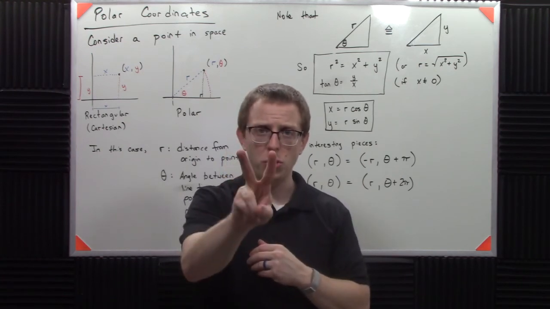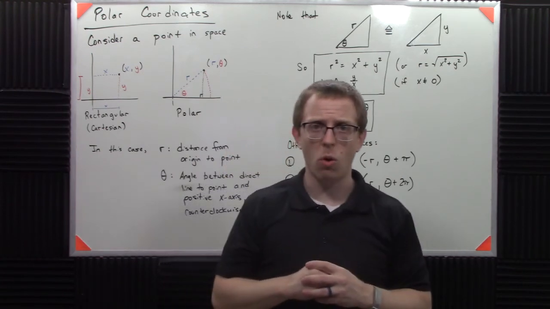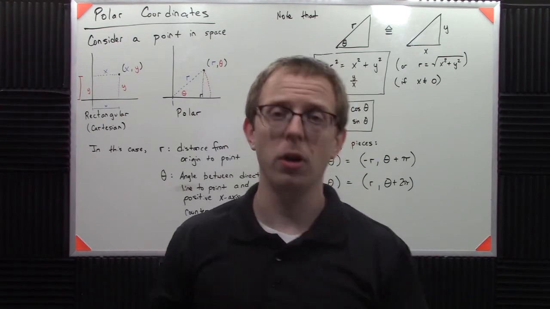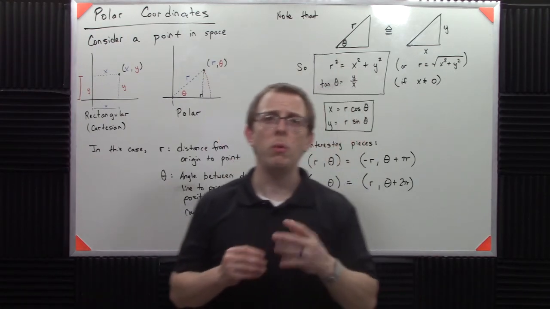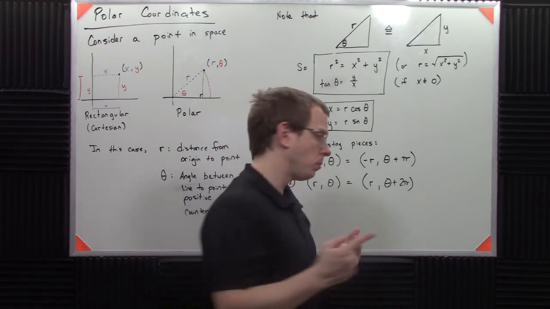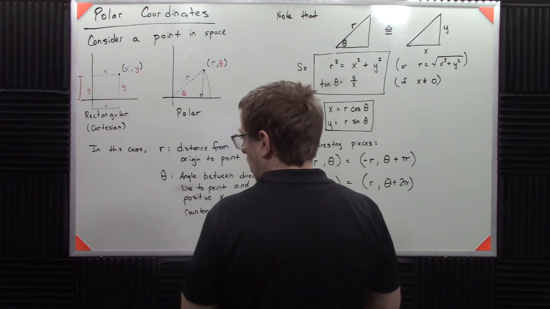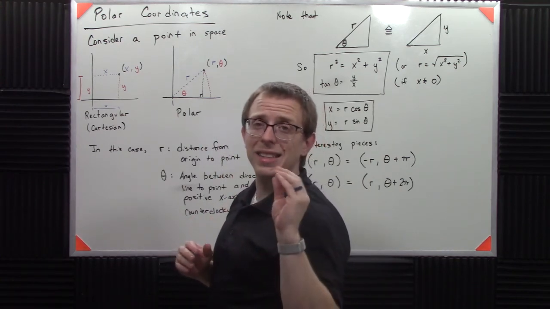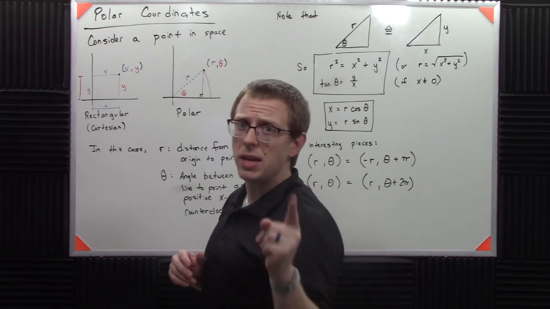So I could walk 2 steps forward. Now, alternatively, what would happen if I were to turn completely around? Then I could take 2 steps backwards and be in the same place.